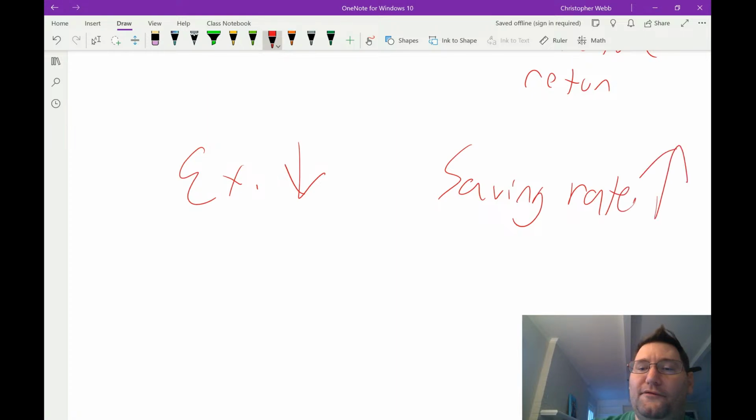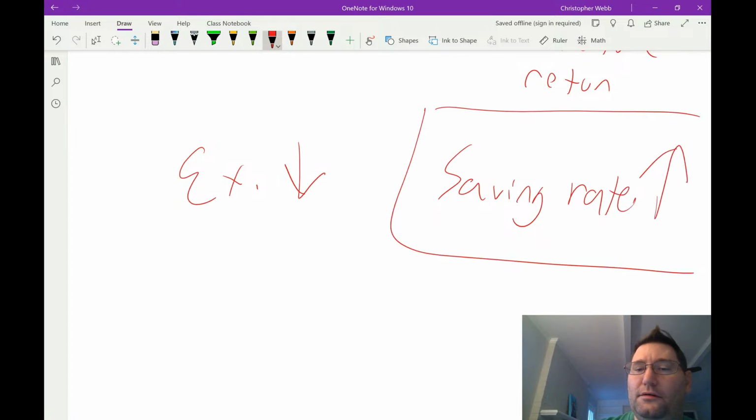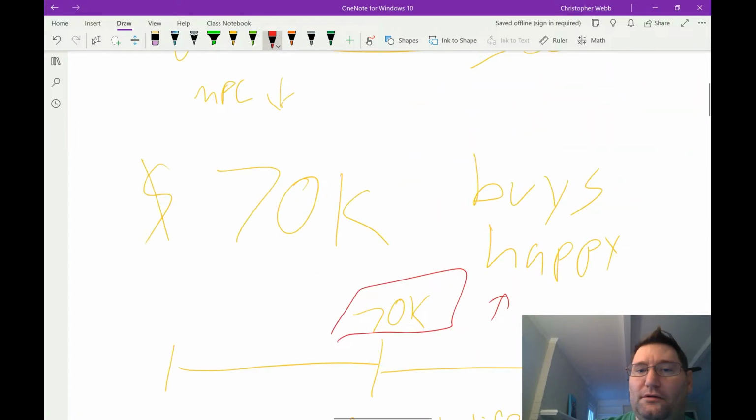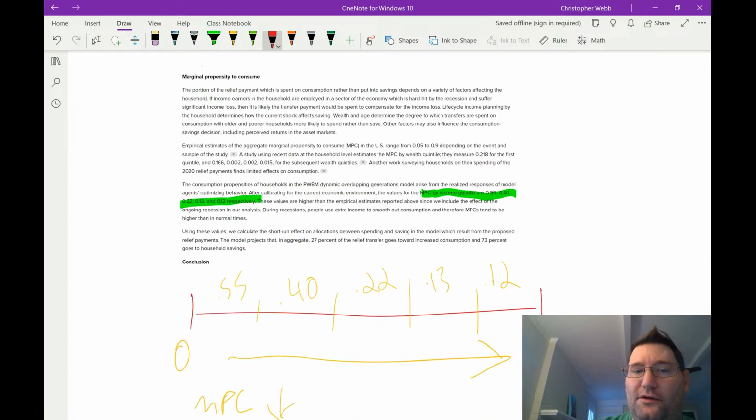And if you're doing this, then you are in the top 20%, according to this model. Because if your consumption rate is less than, let's say, 20% of your income, you are in the top 20% of savers.